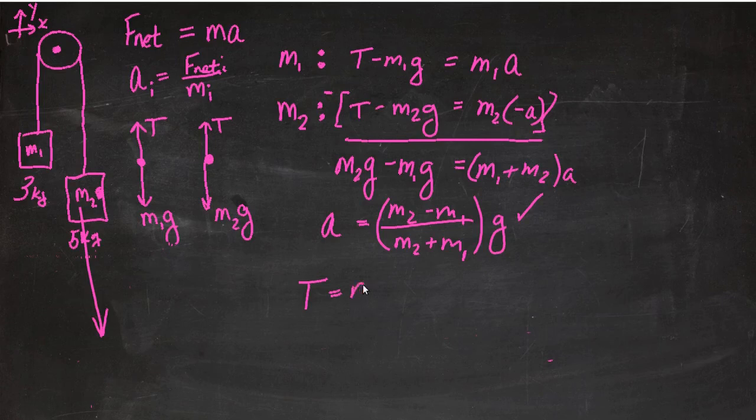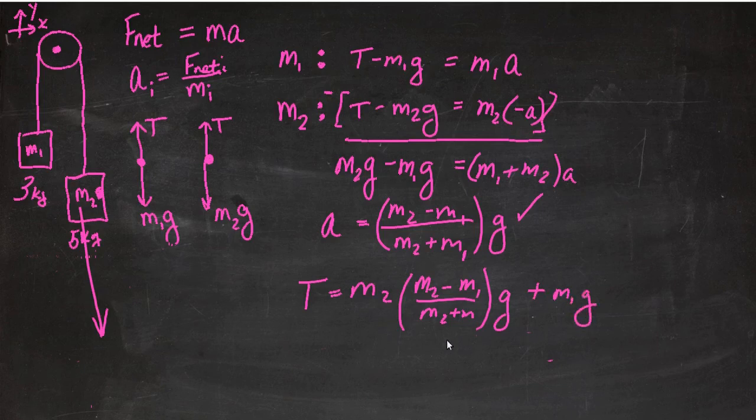So I'm going to have an m2 times the acceleration, which is (m2 minus m1) over (m2 plus m1) g, and add this term to the other side. So we have plus m1 times g. So that is an expression for our tension that we can plug in these numbers, and now we know both of the unknowns.